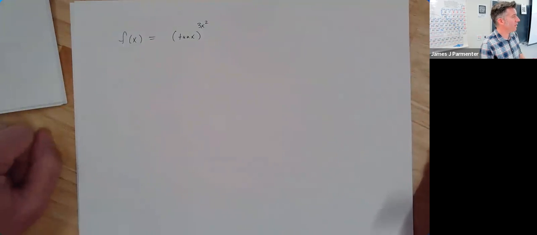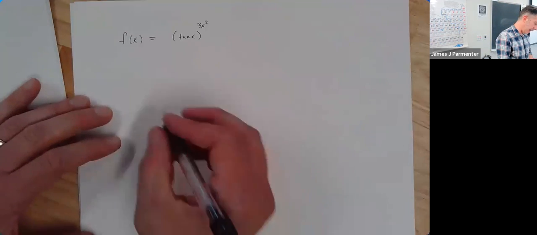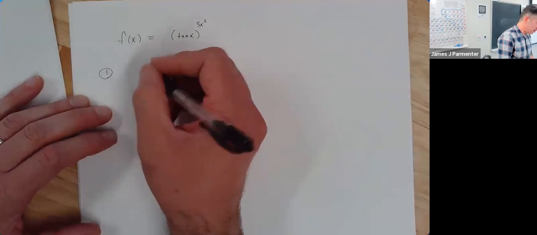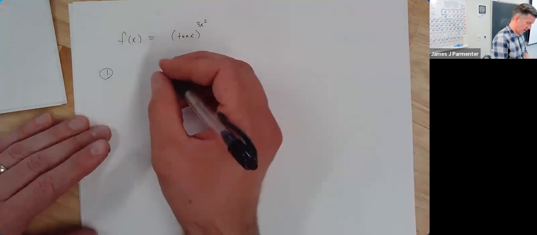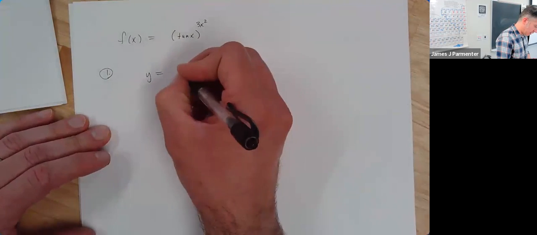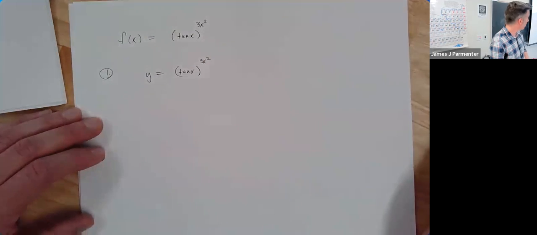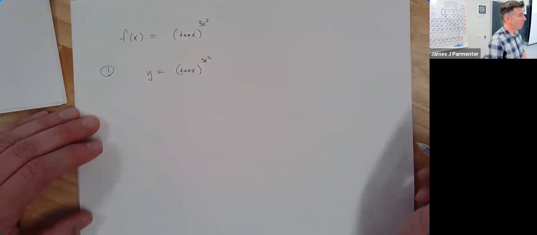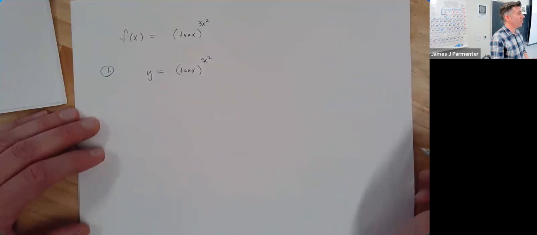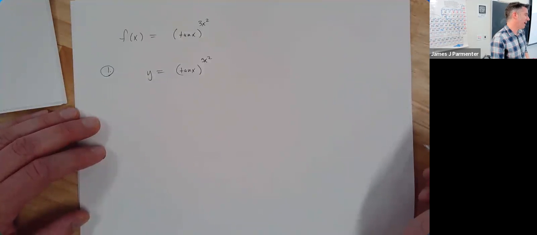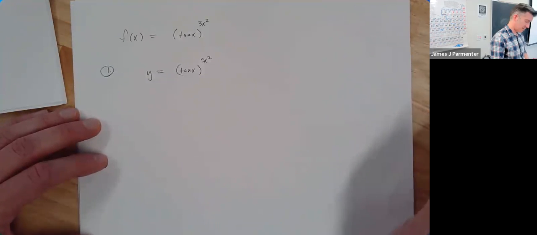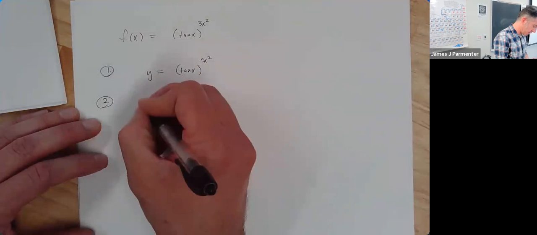To do this sort of thing, you need to rewrite it as y equal to this thing. When you have a function to a function, the way we always do this is the process of logarithmic differentiation. So what do I have to do first, or next? Right, take the natural log of both sides.